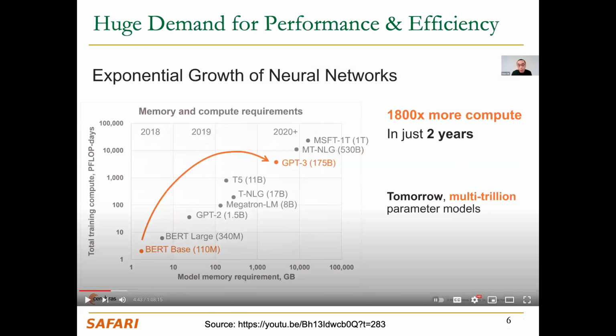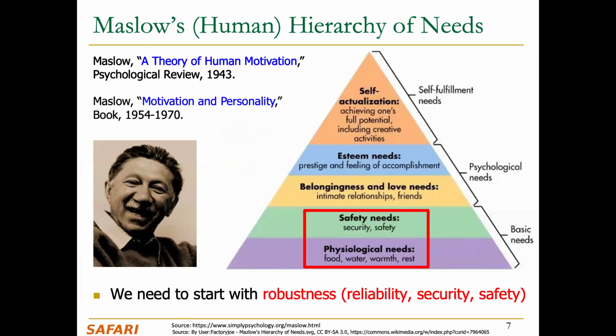So last time in the lecture, I also talked about Abraham Maslow. If you don't know this person, this is a very famous American psychologist. He's probably more famous for this pyramid as opposed to his face over here. But basically, this pyramid is used in many domains. It basically says that human beings need their very basic needs, physiological and safety needs, satisfied before they can think about something more important.